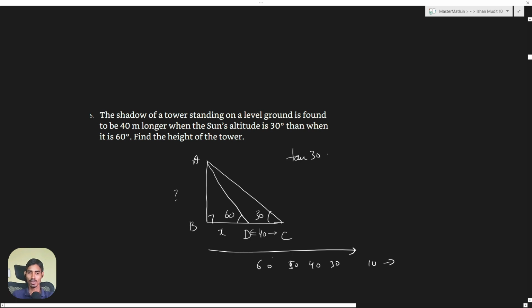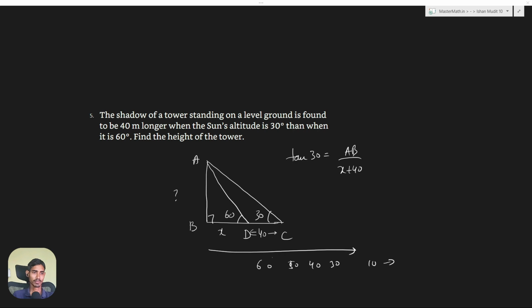Tan 30 is equal to AB by x plus 40. Cos 30. Huh? Cos 30. Ishan, you took cos 30.